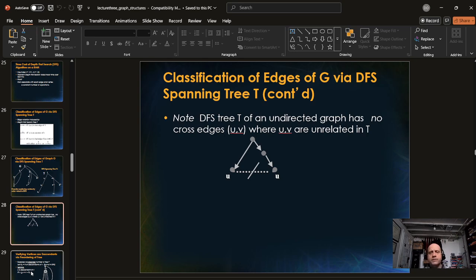Classification of edges of G via the depth first search spanning tree T, continued. So here we note the depth first search tree T of an undirected graph has no cross edges UV where U and V are unrelated in T.